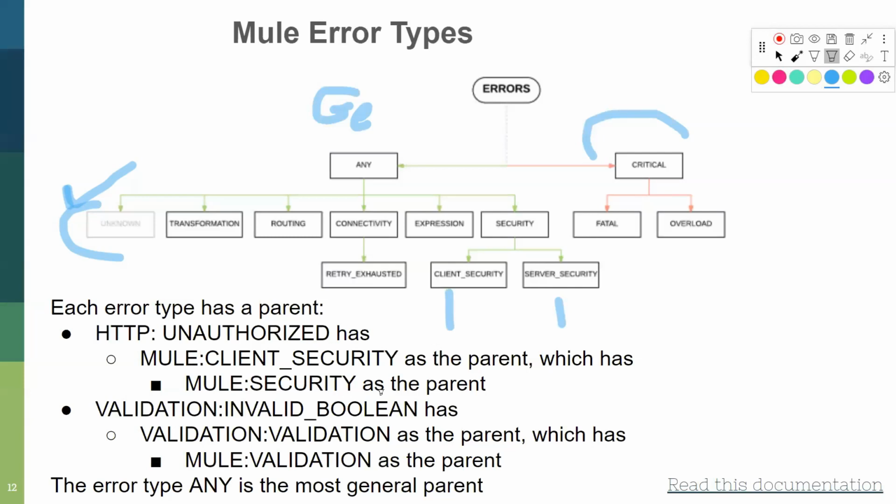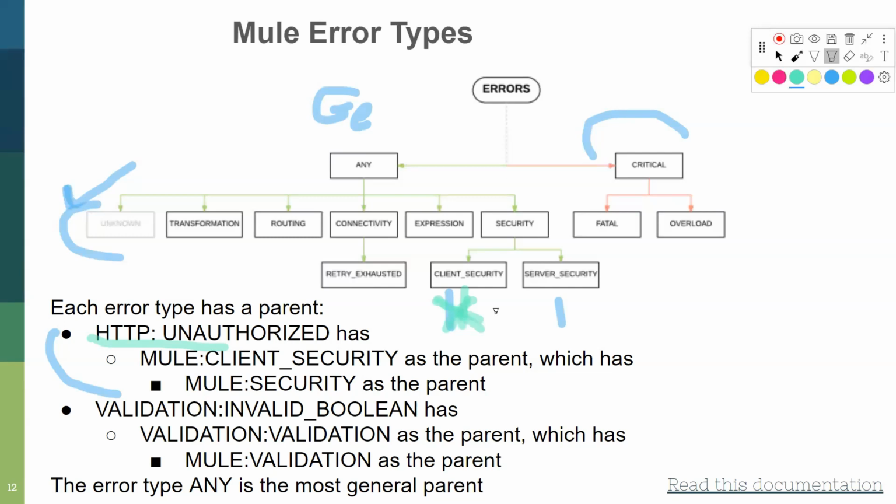So here we have to understand that errors have a parent. That's what this diagram is telling us. For example, in the first bullet point, what do we see? HTTP unauthorized, let me come here. This HTTP unauthorized has Mule client security as the parent. It starts here, and this is bottom up.